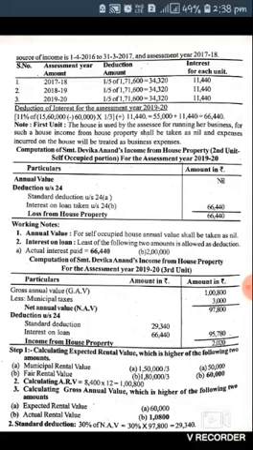Now let's see the second unit, the self-occupied house. Annual value will become nil because it is used for self residential purpose, and standard deduction is not given. Interest on loan taken under section 24B.